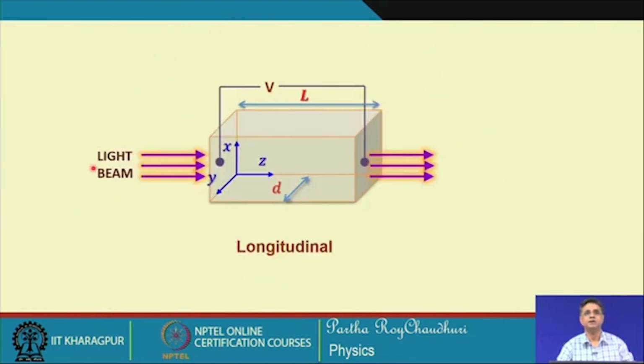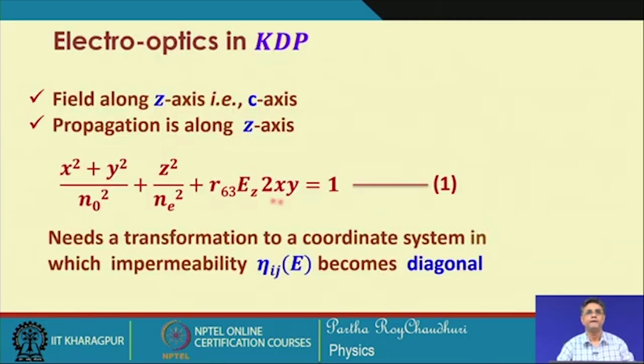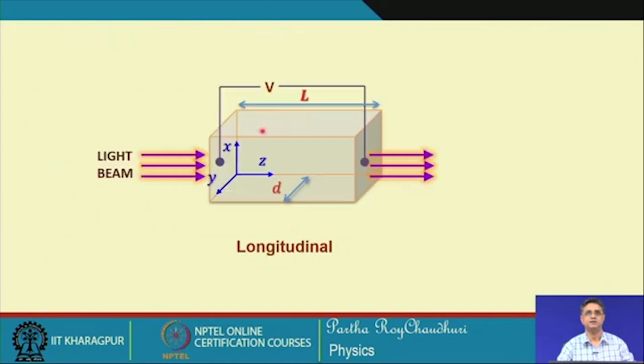So, this is the longitudinal configuration of the KDP crystal. You have thickness, you have width d and the length L, and these are the x, y and z axis. Now, if we assume that the electric field is along z axis, that is the c axis of the crystal, and the light is also propagating along z axis, that is this longitudinal mode of operation.